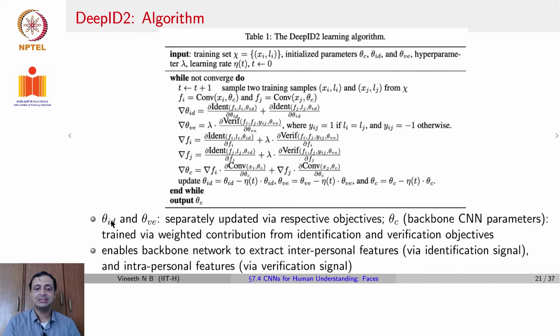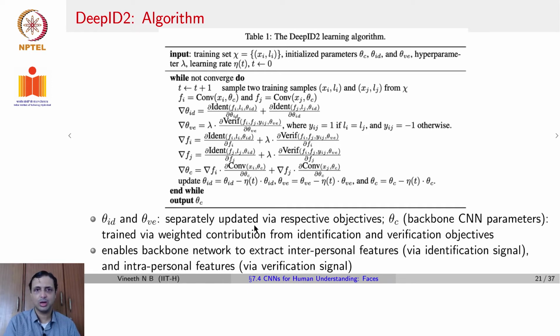So to summarize, theta ID and theta verification are separately updated via their respective objectives, but theta c, which are the weights of the backbone CNN before you branch out into verification and identification, is trained via a weighted contribution from both identification and verification objectives.